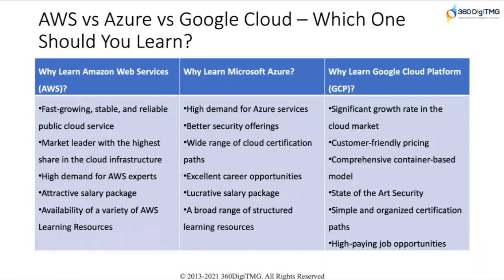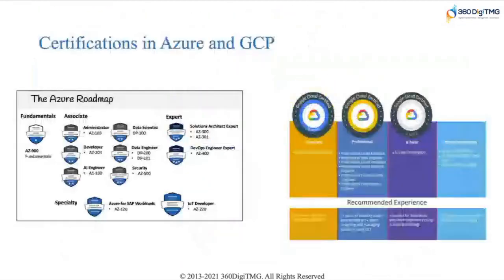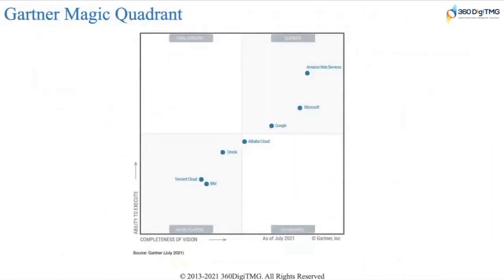So these three clouds are the leaders, and you can also check the same in Gartner's Magic Quadrant. These three were the leaders in the market, and AWS is on top, Microsoft is in second place, and Google is in third place. This is also due to their age.